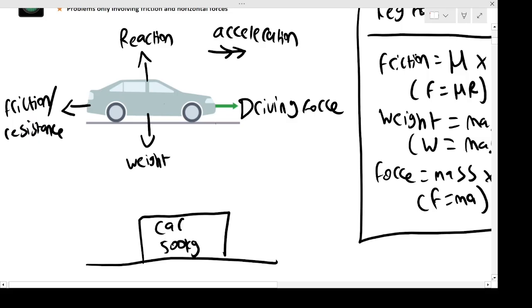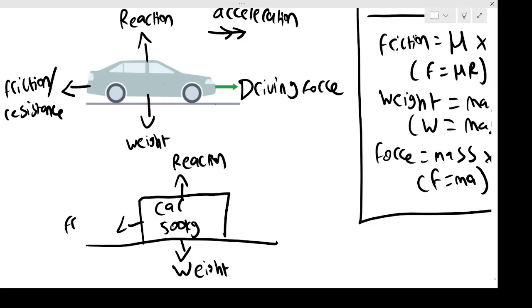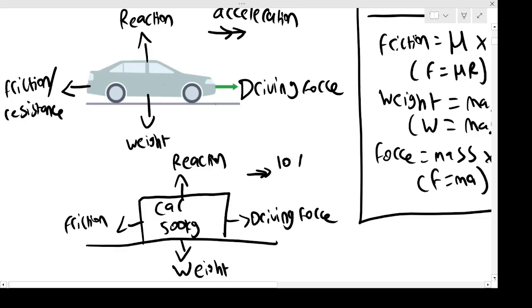I have my weight W, a reaction force, my friction, and my driving force. And also the acceleration in this case, I'm going to say is 10 meters per second squared. So that's the setup.